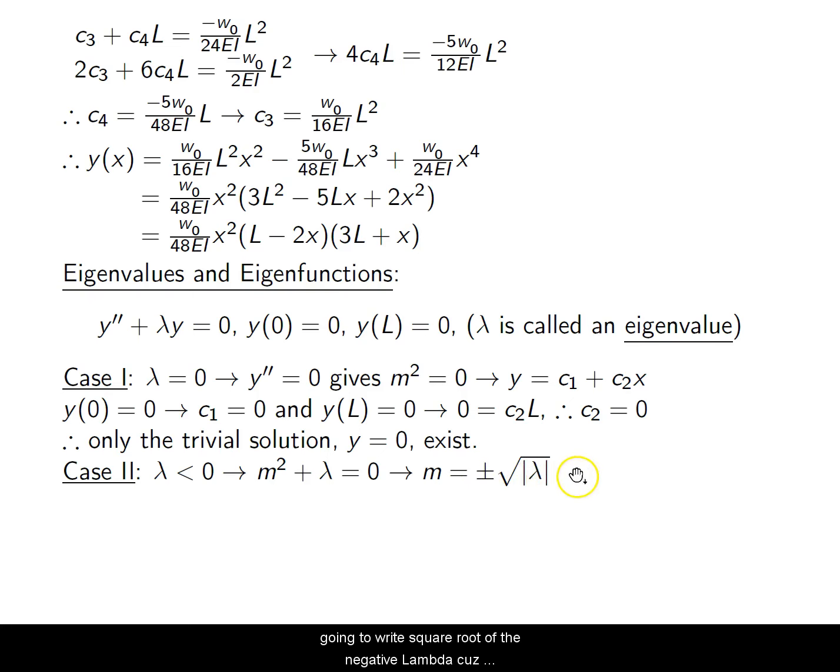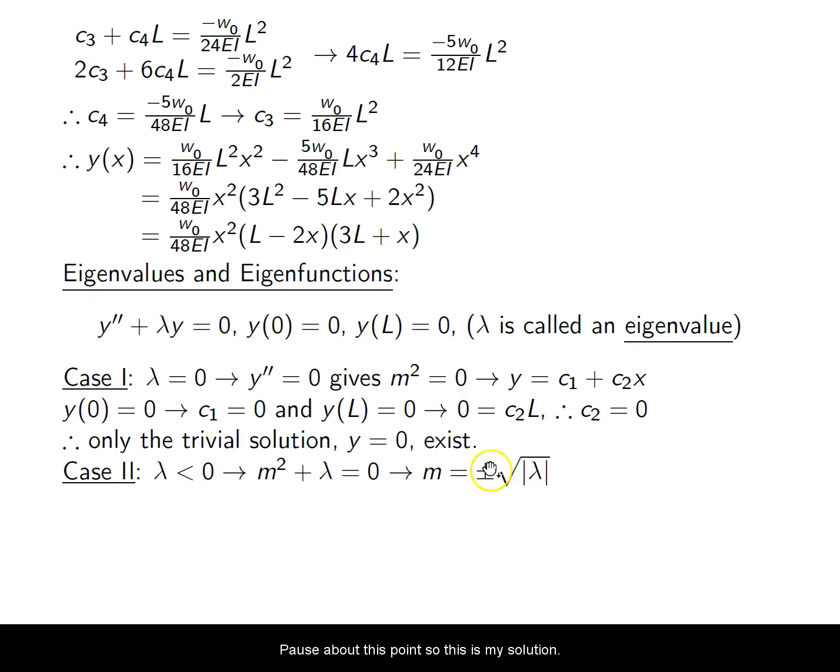Okay, so I'm just going to keep this notation. I'm not going to write square root of the negative lambda because again we're going to want to pull out the imaginary value that does not actually exist there. Okay, so if this is negative, once I move it over it's actually positive, so that's why I'm taking this absolute value. It's just there to remind us that it's positive at this point.